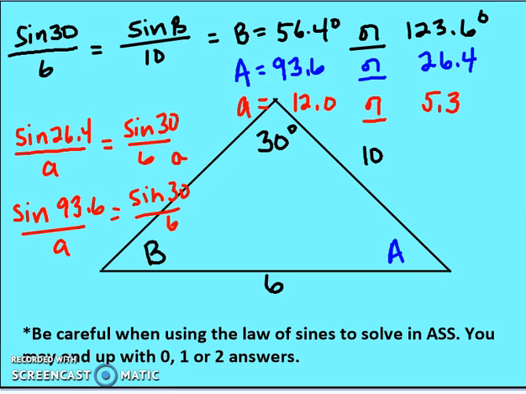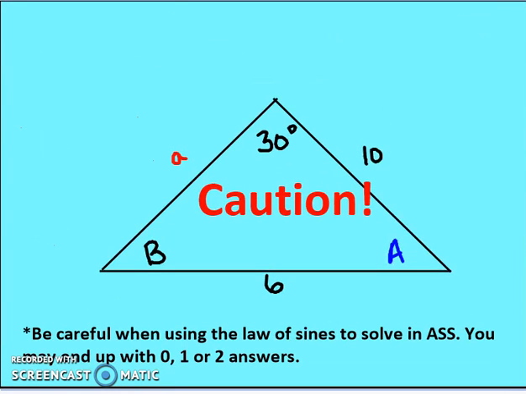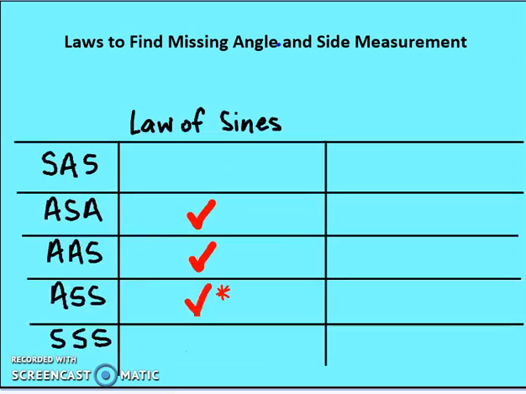You see that 123.6 will work in the system too. You use those 2 values to find the remaining values of the triangle. So we're going to say with caution, you're using the law of sines to solve triangles in which you're given the angle and the 2 sides of the non-included angle. We're going to create a check mark here with an asterisk, meaning caution.